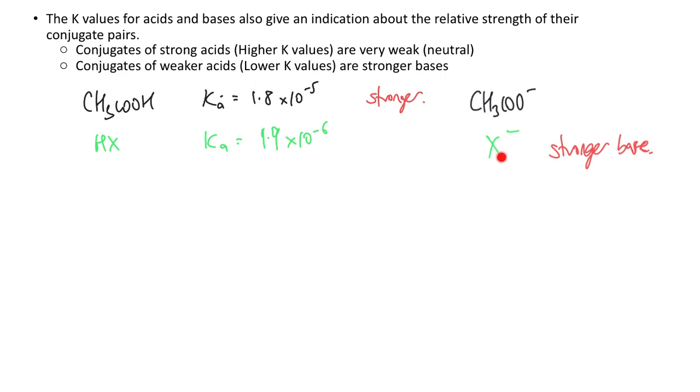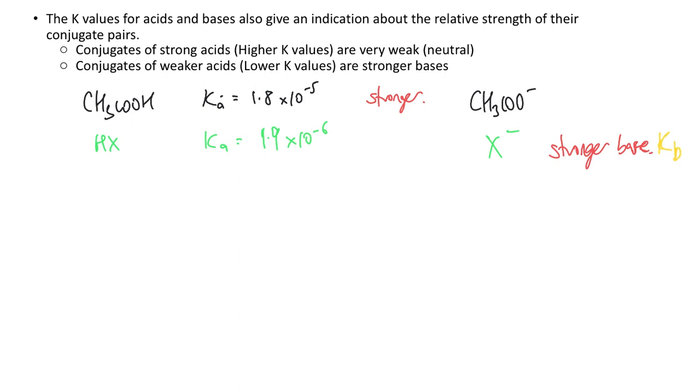Therefore, its conjugate is a stronger base. It is more likely to pull a hydrogen off a water and form HX, because HX has a much lower Ka value. And if you were to really talk about these things, the Kb value, where can I write this? Kb value, whoops, that's a little b.